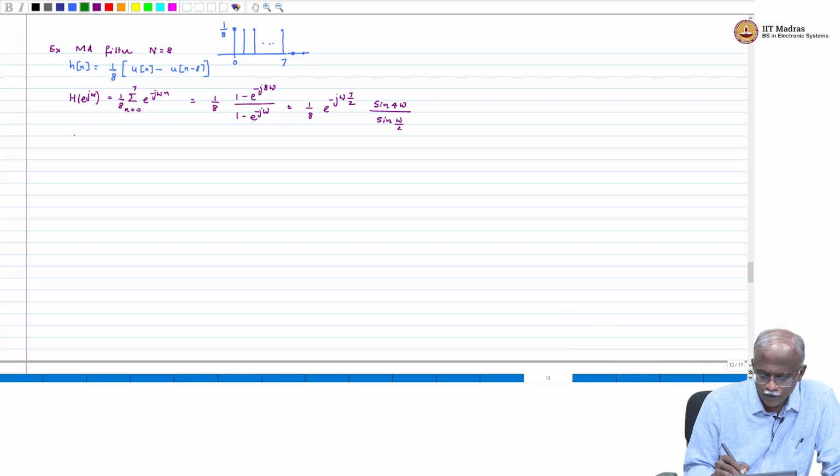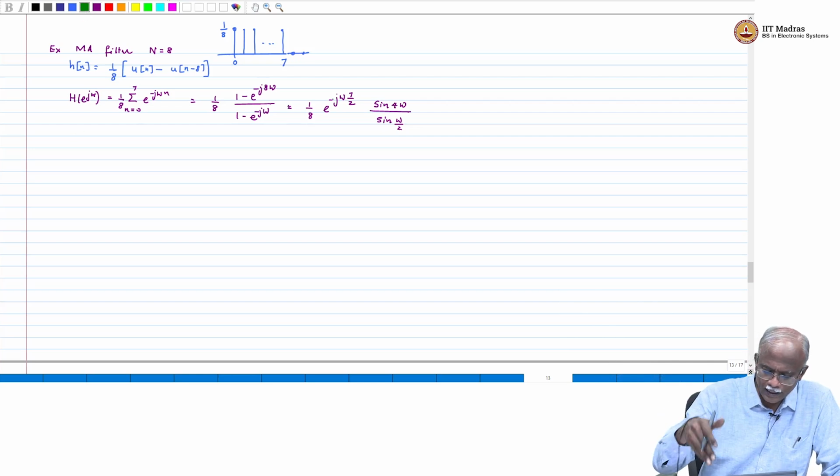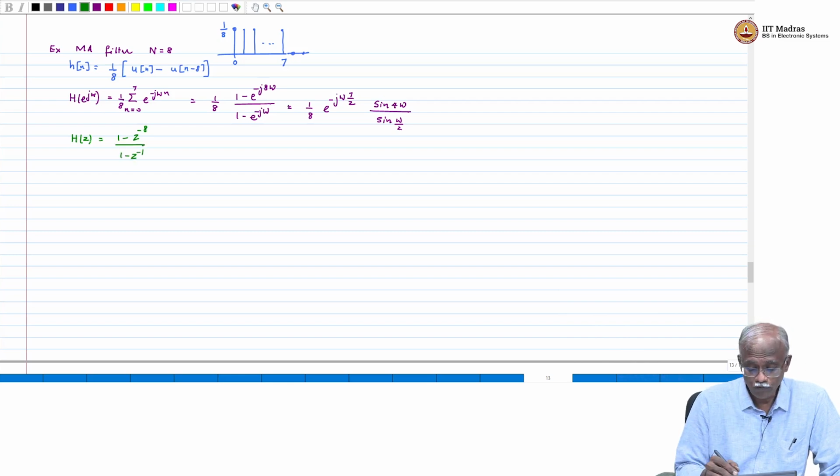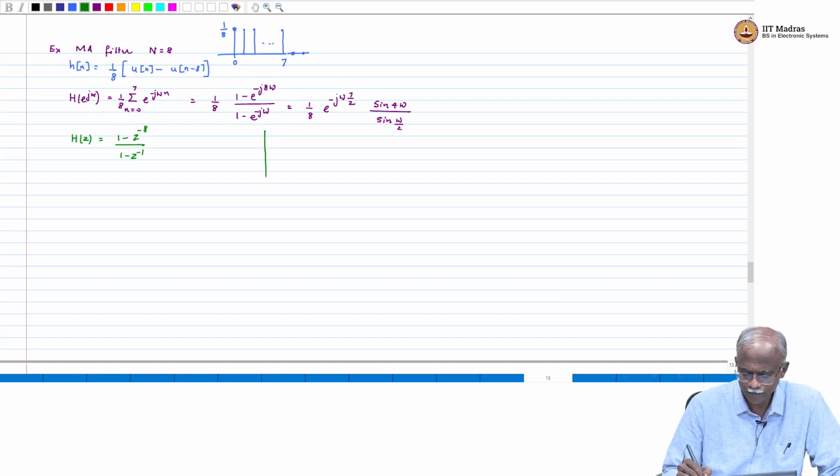That's an important aspect. Now, you can either get it from the expression for H of e to the j omega, or you can also do the Z transform. What you have here is 1 minus z to the power minus 8 divided by 1 minus z inverse. You can solve for the numerator. The numerator says that there are 8 zeros uniformly spaced around the unit circle.